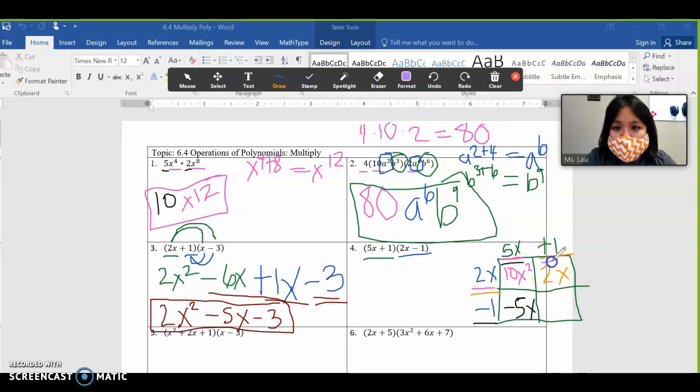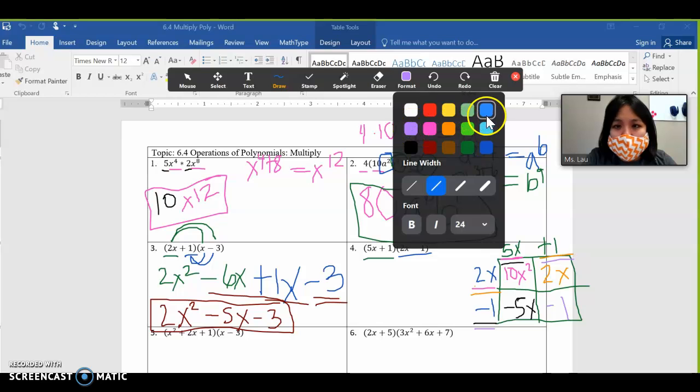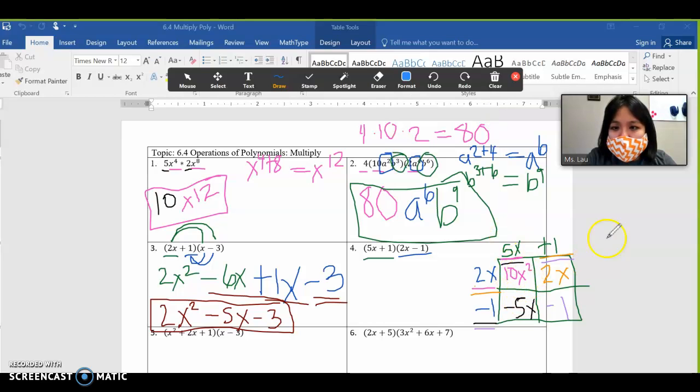And then we're going to do 1 times negative 1, and that's just negative 1. Then we just combine our like terms. So 10x squared goes first. I can combine these two terms. 2x minus 5x is negative 3x. And then we just have minus 1.